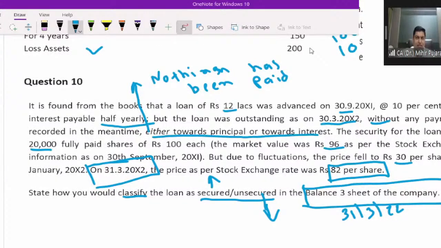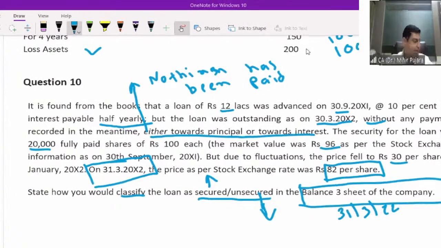I can't give more than that. Tell me the answer, whether it is secured or unsecured.